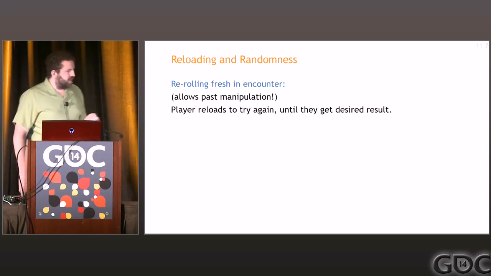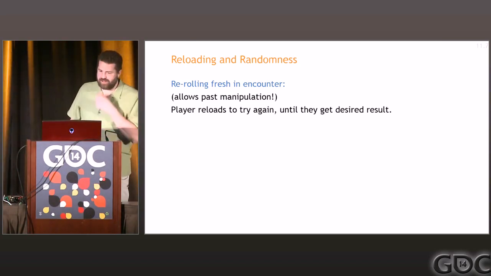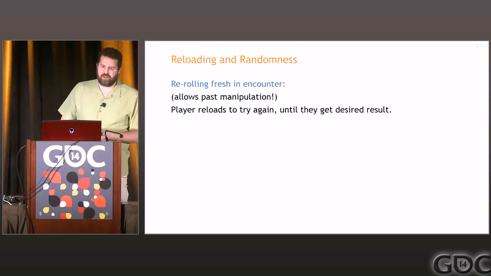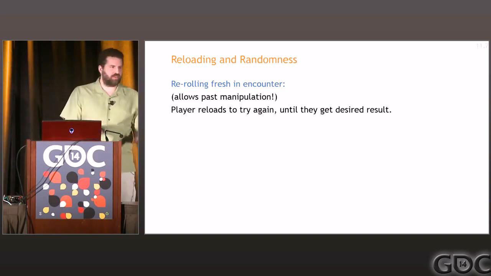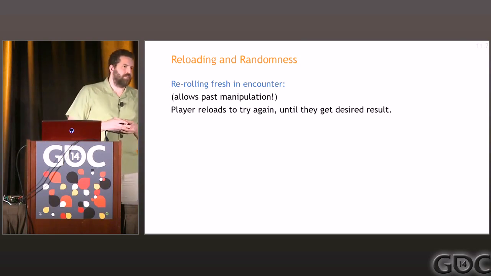There's another issue with randomness, and I'm going to get into some more codey stuff here in a second, and that has to do with reloading. So you are the coder, you're the one implementing this, the user saves out their game, they turn off their computer, they reload their game, and then they go. What should you do with your random numbers?